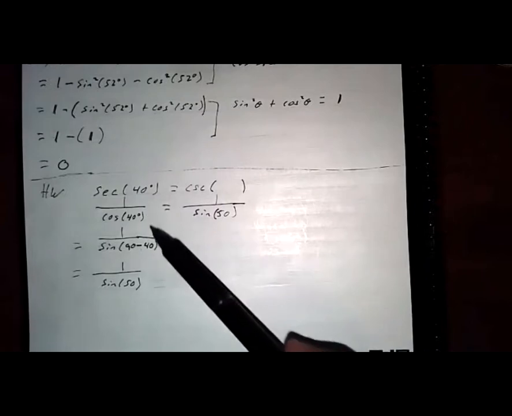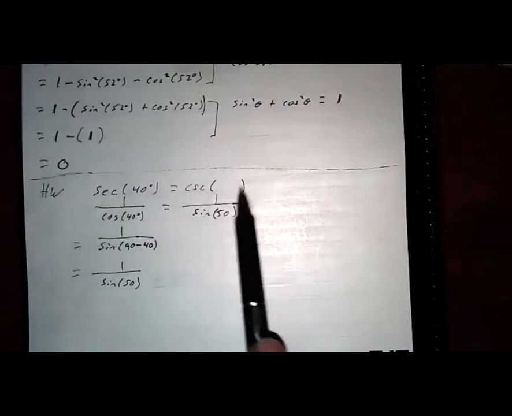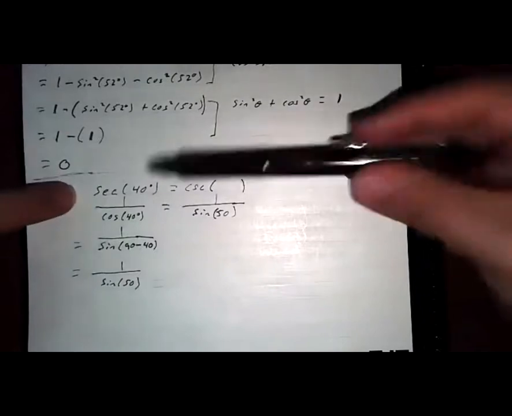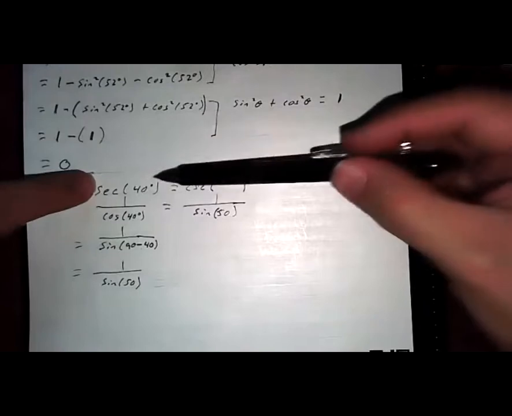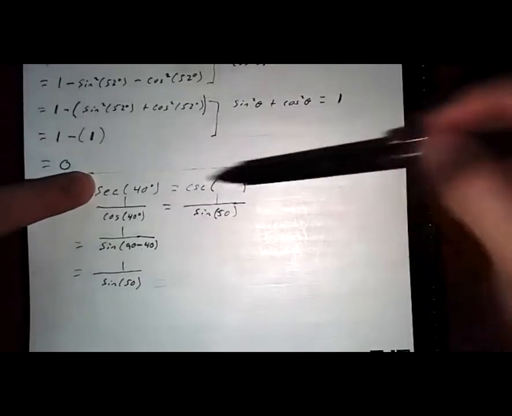So use a complementary angle to change the side that does have a number to match the other side. But just by looking at it, you can say, since these are both sine and cosine, technically, and this is 40, this has to be 50. That's the only way they'll add up to 90.